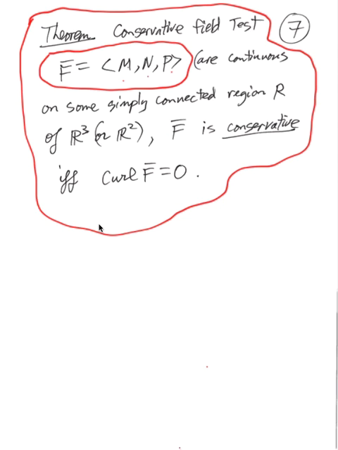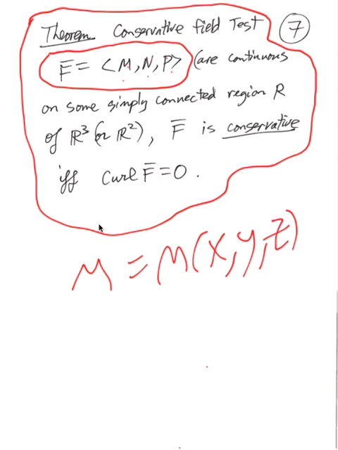Those are scalar functions of x, y, and z. So M is really M of x, y, z, and so forth. Okay, these are actually scalar valued functions. Okay? All right, suppose that these are continuous in some simply connected region. I'll explain that in a minute.